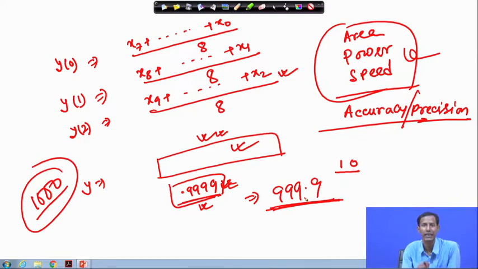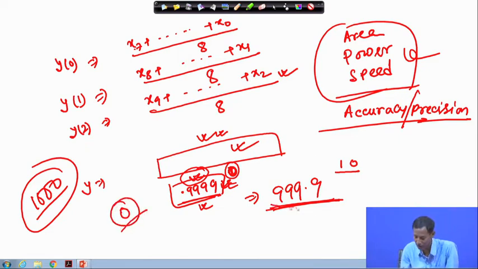But if I use fixed point number representation, what will I get? Because x0 to x7 will never be considered as 1. Because they are less than 1, they will be considered as 0. So if I add 1000 times in this circuit, it will give me 0 only.